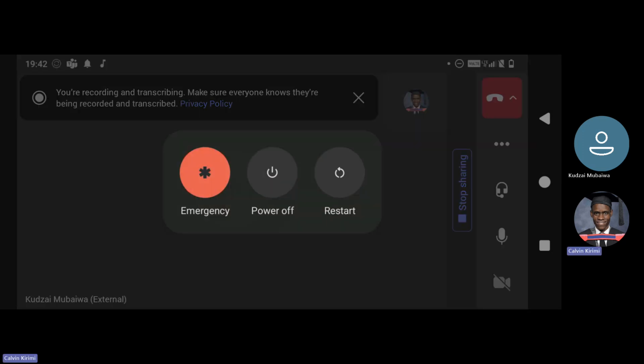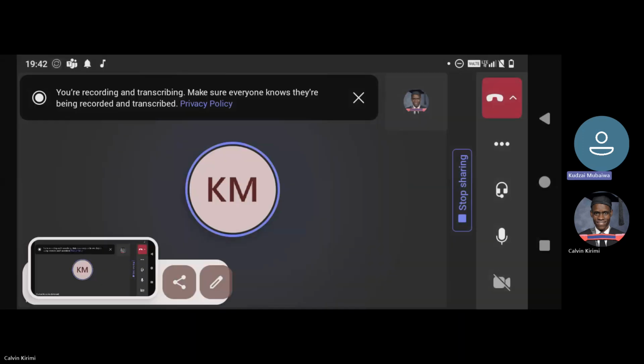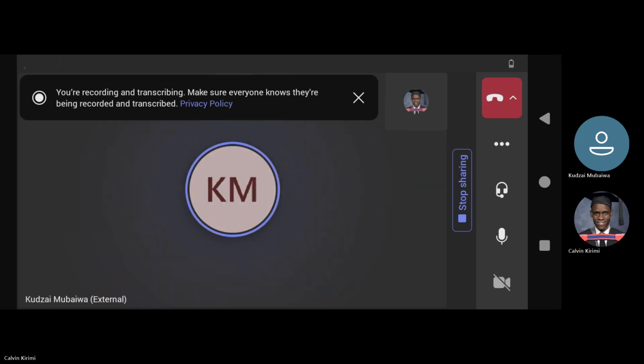On my side, it's even saying the screen is showing. Oh, on my side, it's still loading. It's saying screen loading on my side.